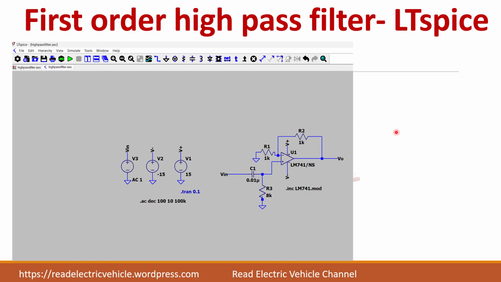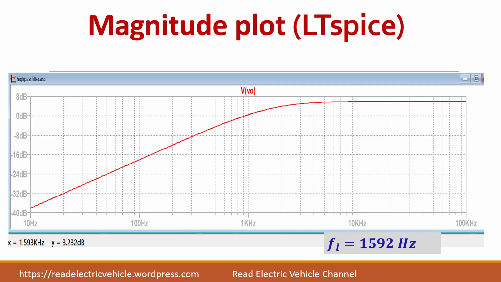So now if I simulate it, I will get the magnitude plot and phase plot. So this is the magnitude plot. This is the 20 dB per decade line. And this is the pass band. So what separates the pass band and stop band? The cutoff frequency. So let us draw this line. You see I have kept the cursor here, and at this point it is showing 1.59 kilohertz, so almost the cutoff frequency.